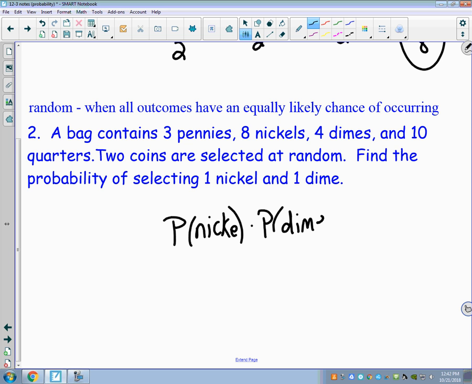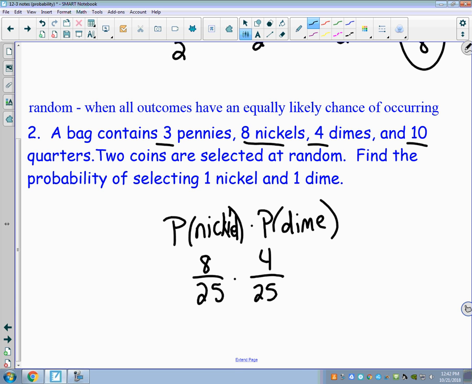So the probability of a nickel, and means multiply the probability of a dime. How many nickels are there? There are 8 nickels. Out of how many total coins? Well, there are 3 pennies, 4 dimes, and 10 quarters, so that's 10, 8, and 7 is 15, so that's 25. Do you agree with that?